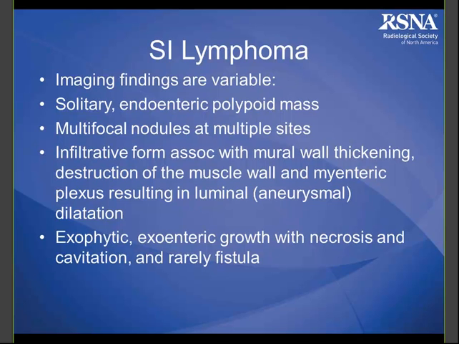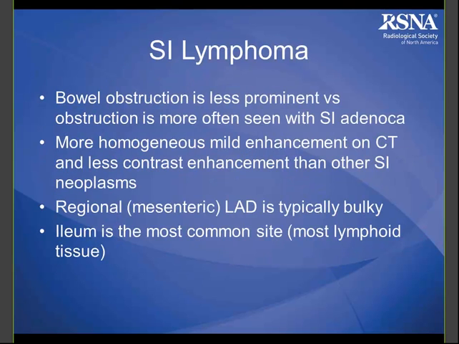Exophytic, exoenteric growth with necrosis and cavitation, rarely fistulized. Although I have seen some cases of perforated small bowel lymphoma, not really fistulizing, but just a localized perforation, because it weakens and distends the wall.